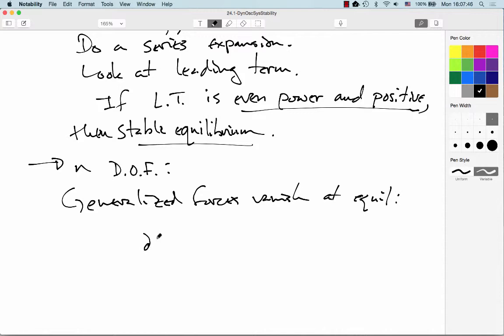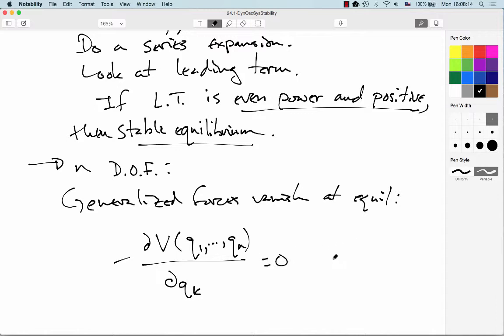So our generalized forces will be the derivative of our potential, which will be a function of our n generalized coordinates, right? And we would be differentiating that, strictly speaking, with a minus, but it's not going to matter because we're going to set it to 0. And we differentiate that with respect to each of our generalized coordinates.